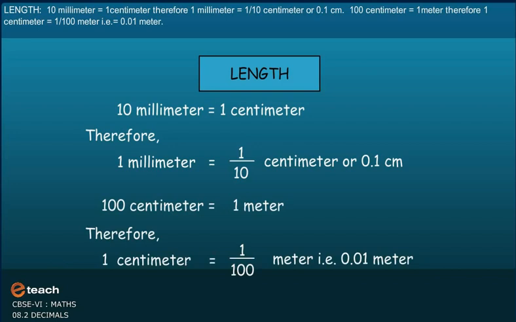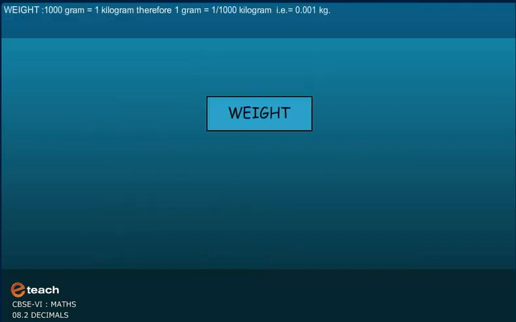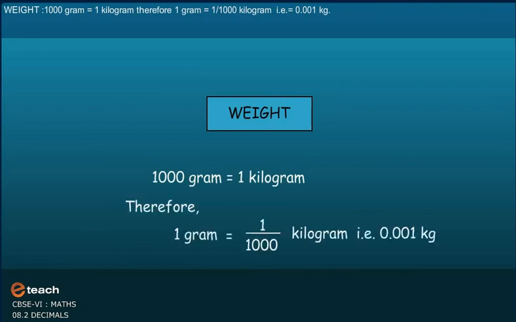Therefore, 1 cm is equal to 1 by 100 meter, that is 0.01 meter. Weight. 1000 gram is equal to 1 kilogram. Therefore, 1 gram is equal to 1 by 1000 kilogram, that is 0.001 kg.